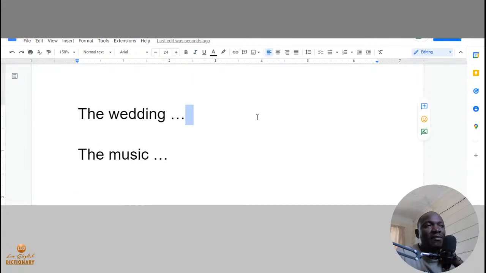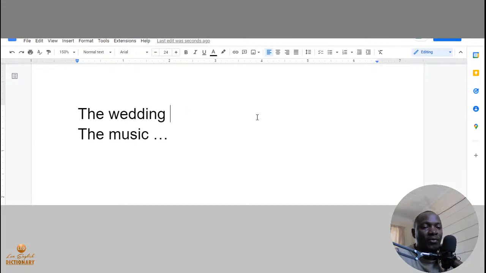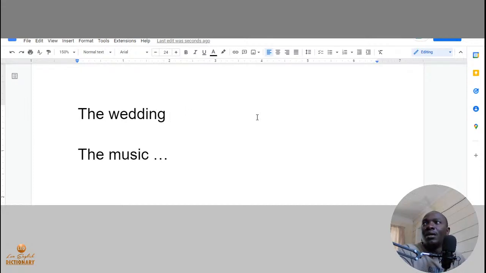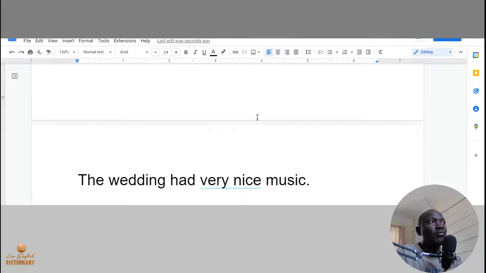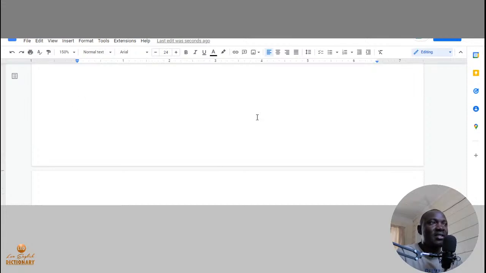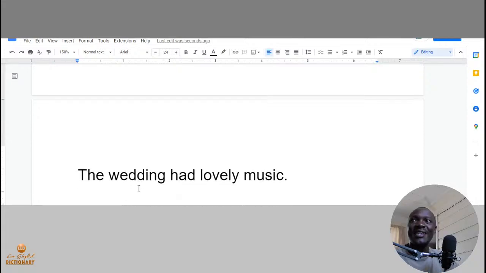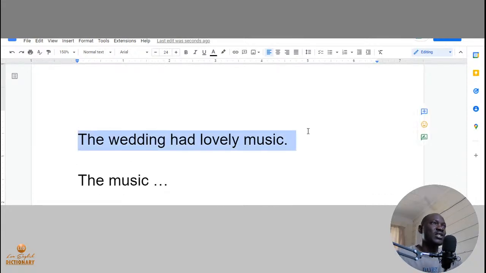The last 2, the first one is the wedding. What do I write about the wedding? The wedding had very nice music. Wedding in Swahili is harusi.